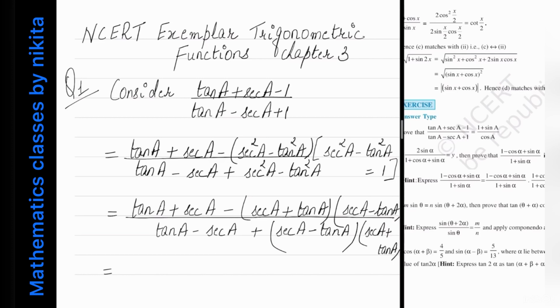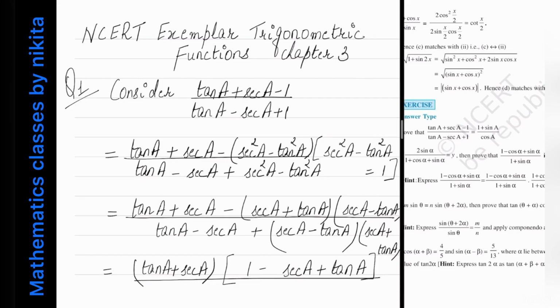Now in the numerator take common tan A plus secant A, and you will be left with 1 minus secant A plus tan A, divided by, now you remember that in the denominator we have put the value of 1 as secant square A minus tan square A. So we don't need that, okay, because I can see that in the numerator something will cancel out with the denominator.